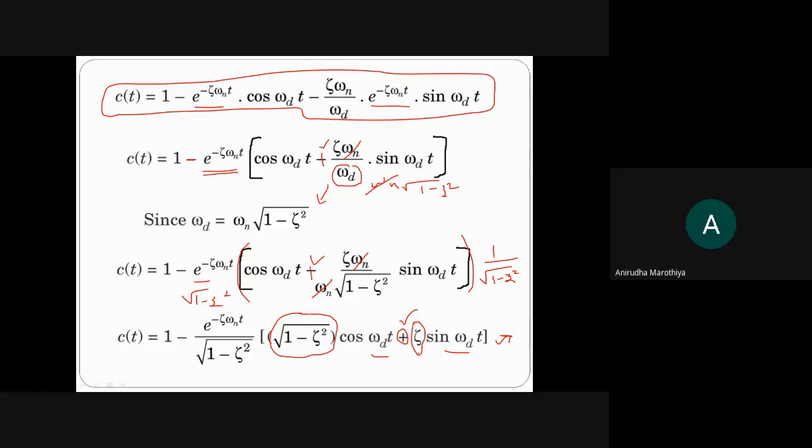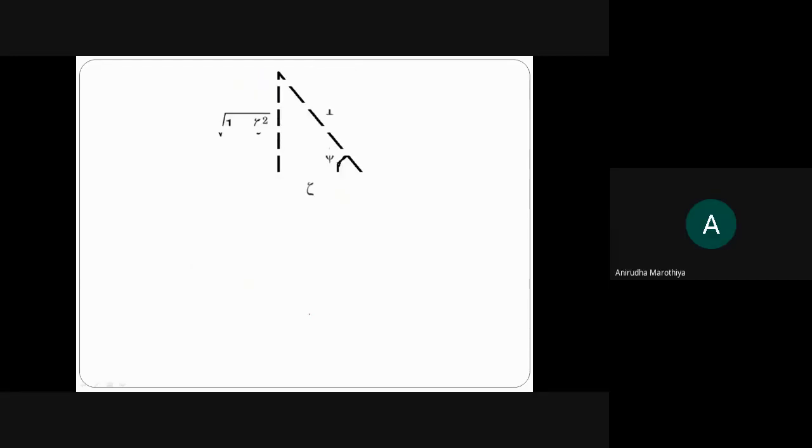Okay. Now, let us imagine a triangle in which the base is indicated by the symbol zeta and this angle by the symbol phi.